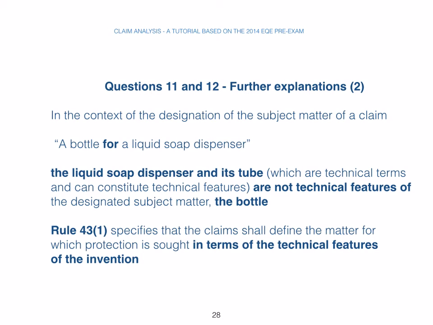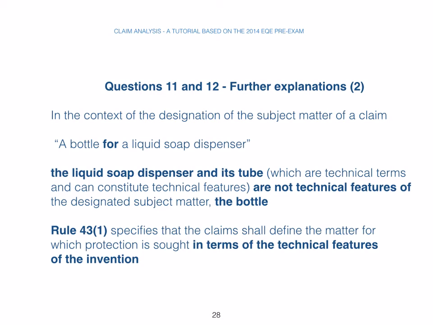Some further explanations. In the context of the designation of the subject matter of the claim, and here the designation is a bottle for a liquid soap dispenser, the liquid soap dispenser and its tube, which are technical terms and can constitute technical features themselves, are not technical features of the designated subject matter, which is the bottle.